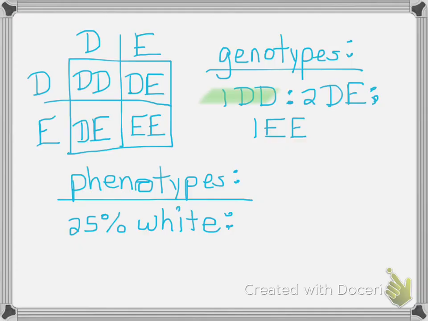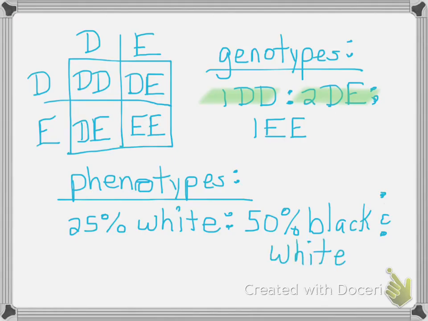Then we're going to do our DE, and we have 2 of those, so that would be 50%, and that's going to be black and white, because we see both characteristics. And then our other 25%, our EE, that'll be another 25%, and those will be black. So once again, the difference is totally within how you interpret the information. So that's how you would do a basic codominance problem.